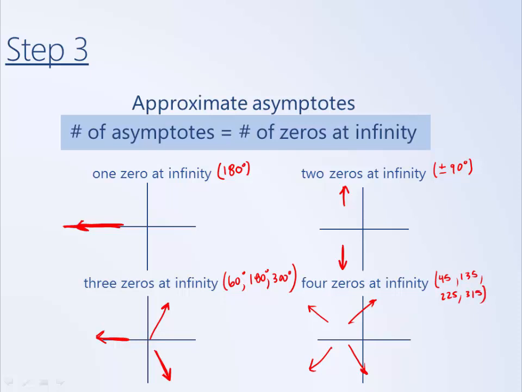This pattern continues. So if we had 5, they split up the 360 degrees into five symmetric directions. Looking at this, we can memorize the directions of the asymptotes for each of these cases, and these will always be the directions of the asymptotes.